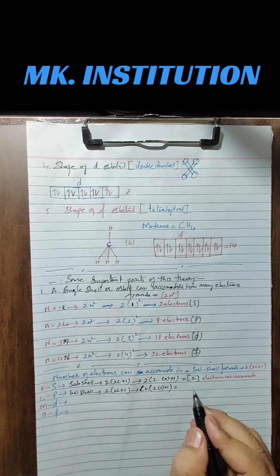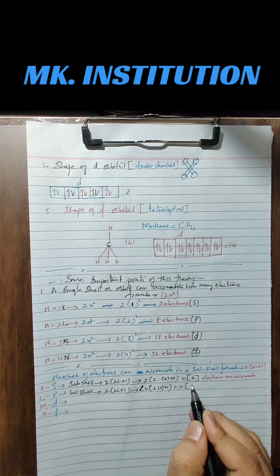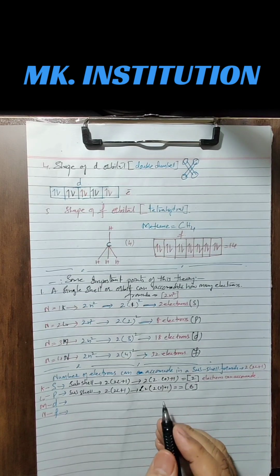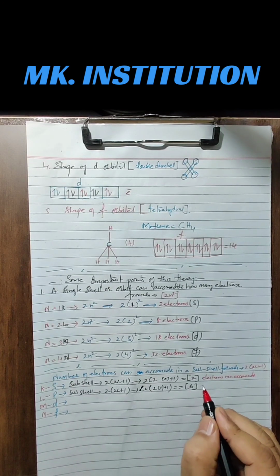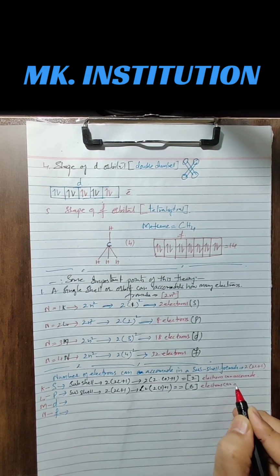So how much are you getting here now? 2 into 3, 6 you will get here. Clear? 6 electrons can accommodate here.